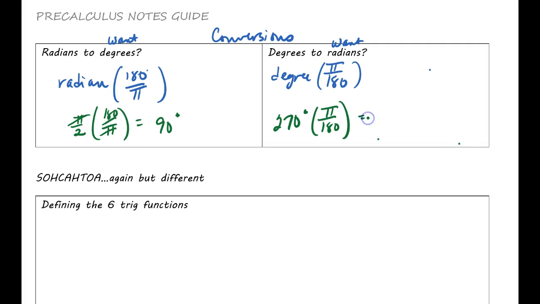It'll be 270 pi over 180, and then I'll reduce. Let me divide out a 10, divide out a 10, divide out a 10. Now what goes into 27 and 18? Doesn't 9 go into both? So if I divide by 9, it's 3 pi over 2, which is what we have on page 1 of our notes. So that would be the conversion, and that's all that has to be done.